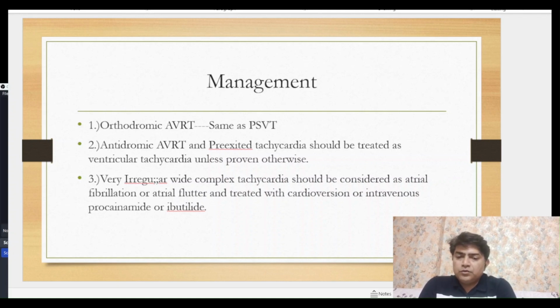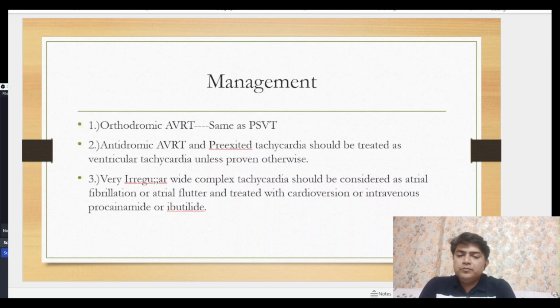In the orthodromic, there is antegrade conduction through the SA node to the AV node, bundle of His, then the Purkinje fibers and ventricles, and back in the retrograde manner through the accessory pathway. And in the antidromic and pre-excited tachycardia, the accessory pathway conducts in the antegrade manner.